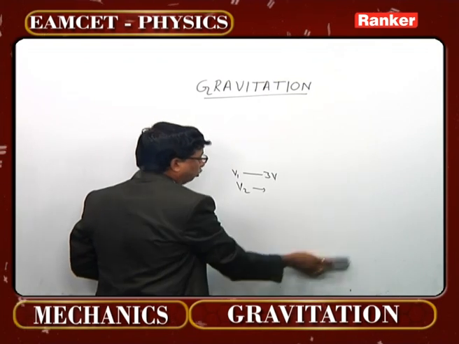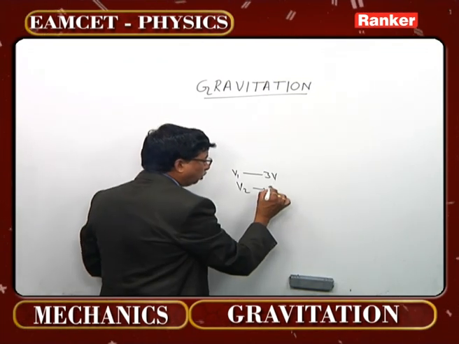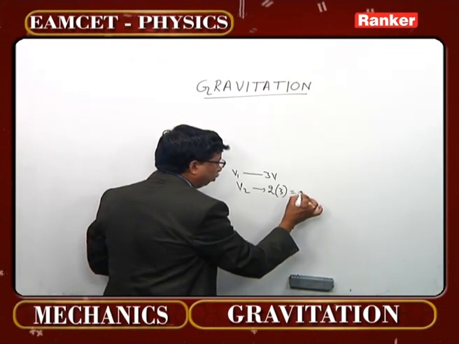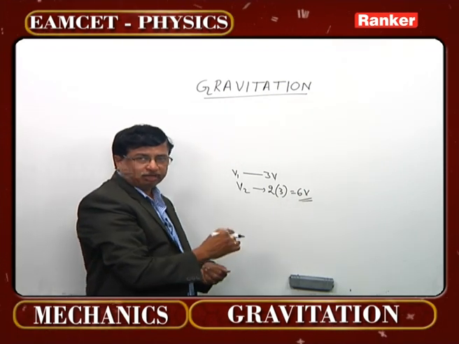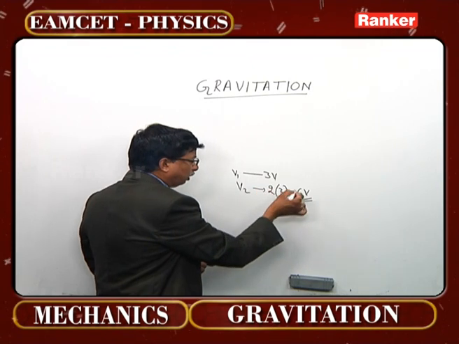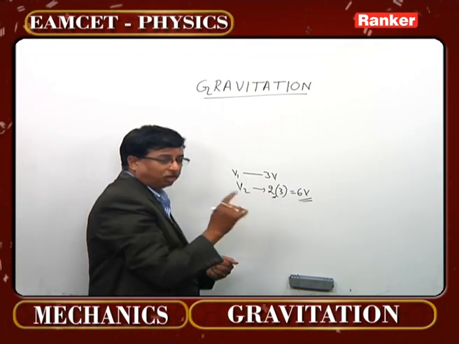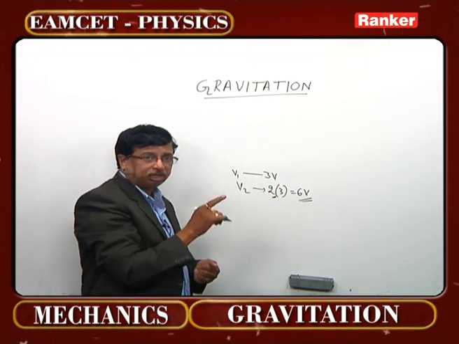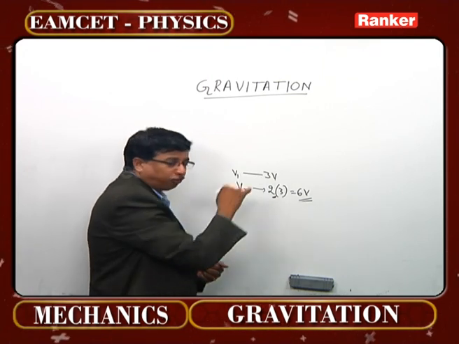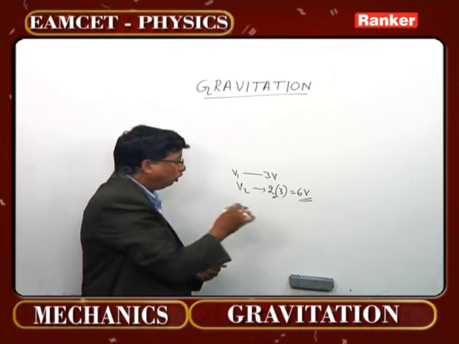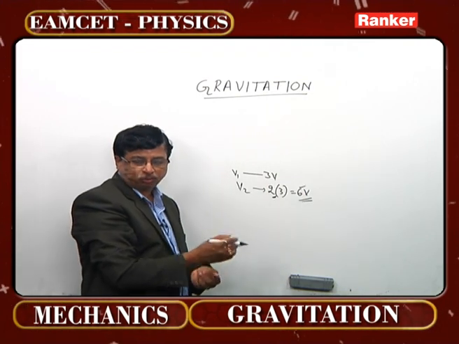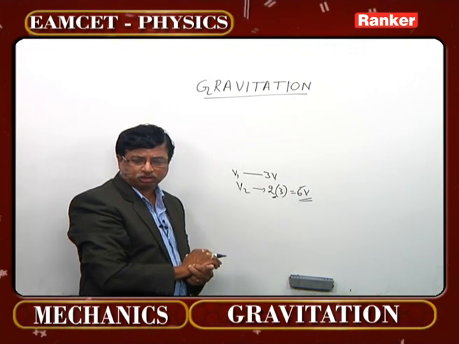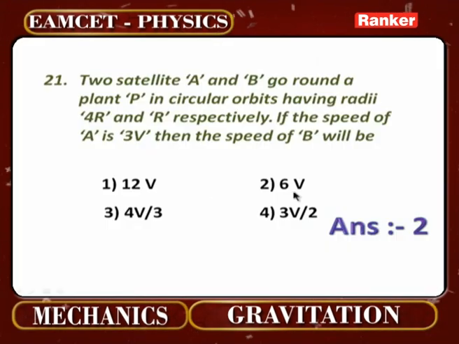How many times will it now be? 2 times. So 2 times this 3 now becomes 6v. That means the velocity of this particular second planet depends on the radius there. Radius being 4r, take root 4. Root 4 will now be 2. 2 times 3, that now becomes 6v. So the correct option in this particular case is the second option, no doubt.